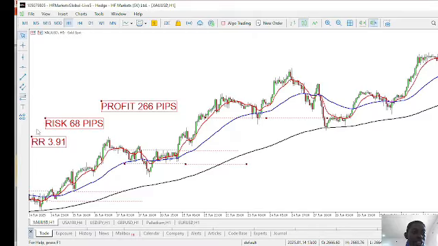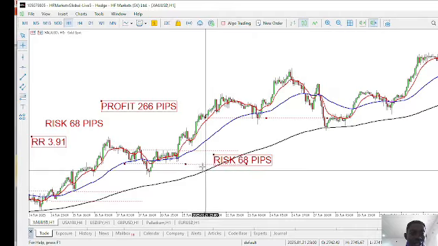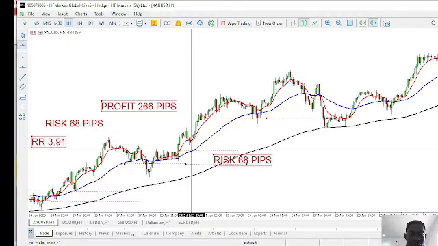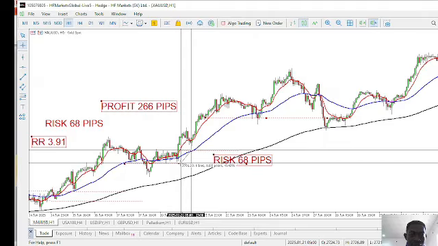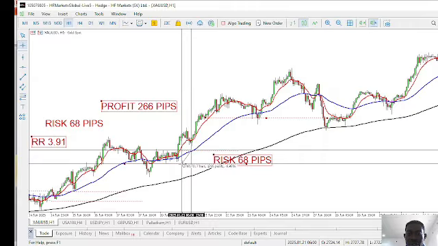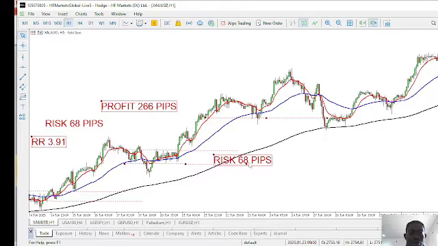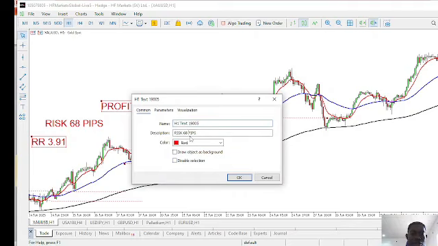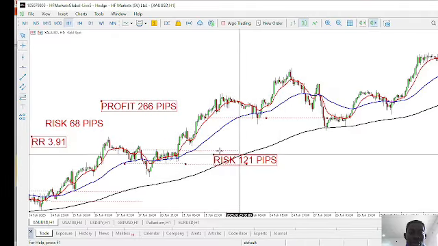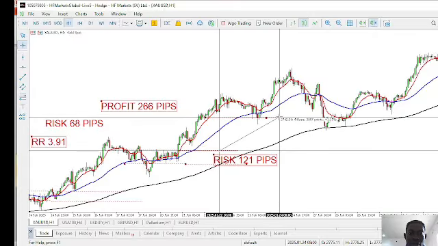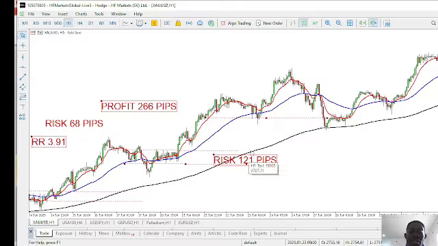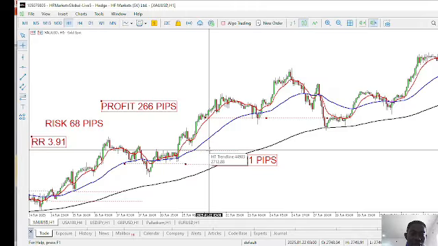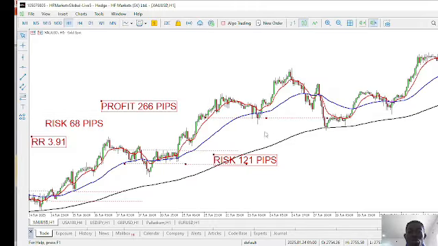Let's calculate it again. Here now, the risk is 121 pips, and then we said the targeted profit from here to here is, sorry, 288 pips.